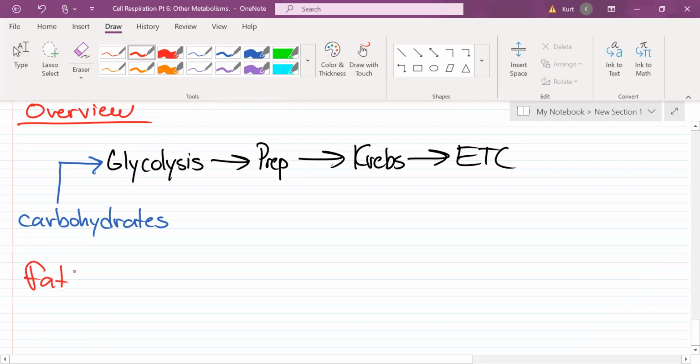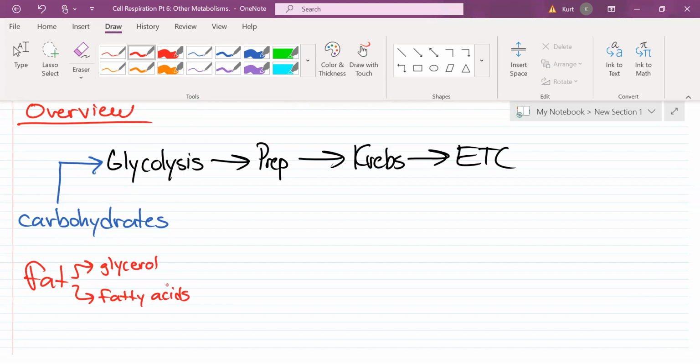Now, let's do fat. Now I'm going to break this up. You ready? Check this out. Glycerol, fatty acids. I'm going to ask 2 different people here. Mariah, if you had glycerol, where would glycerol enter cell respiration? Not glycolysis. This is what we just did today.